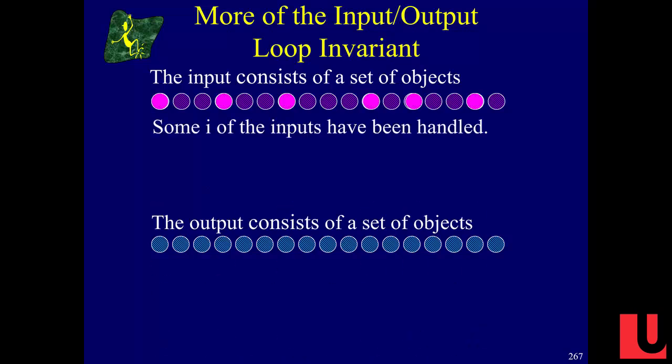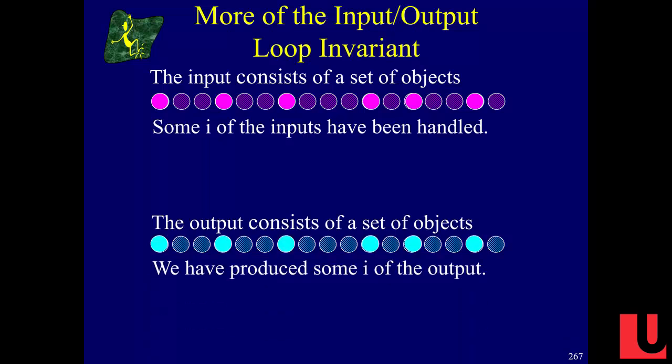And the loop invariant is going to say, well, I've handled some of the input, and I've produced some of the output. And maybe they're corresponding, or maybe they're not corresponding, right? But these might be the people, and some of the people I've given cake to, right?